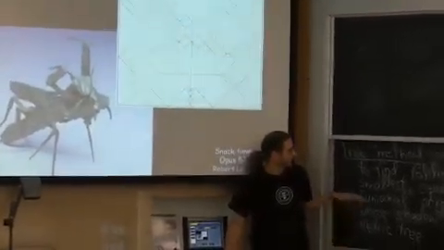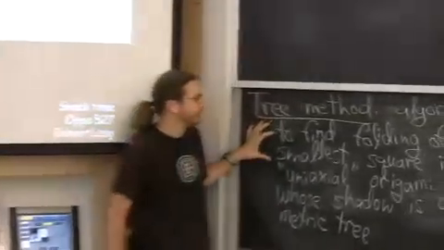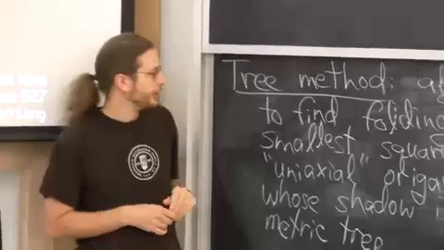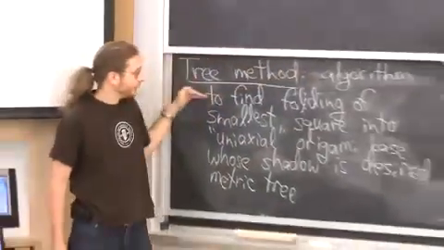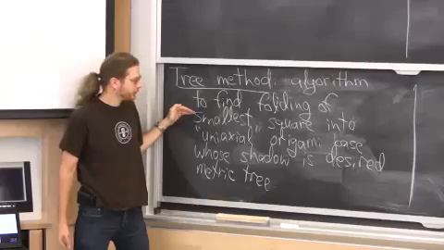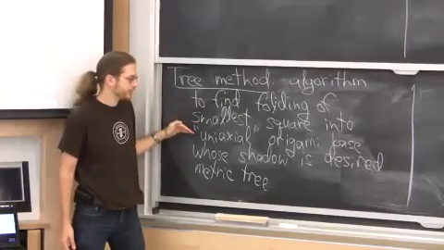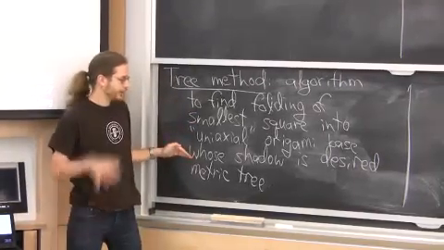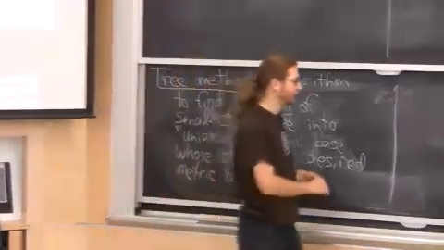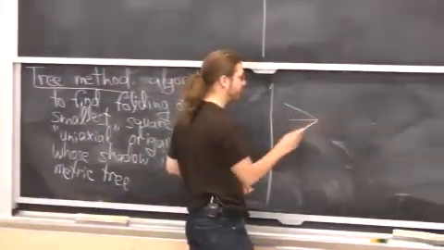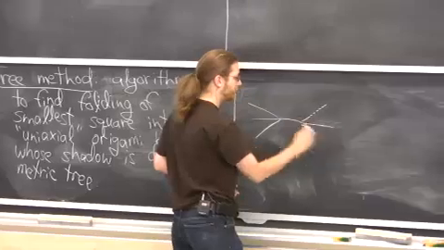So this was the statement last time of the theorem. There's some catches to this. It is an algorithm. Find a folding of the smallest square possible into an origami base with a desired tree as a shadow or as a projection. So you remember this kind of picture. You want to make a lizard.